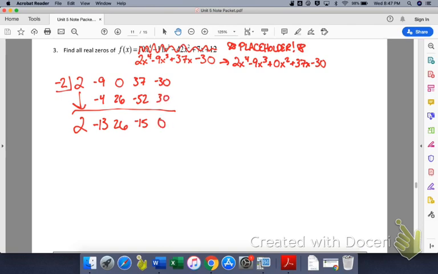We have ourselves a remainder of 0, which means we are in really good shape for the math we've done so far. So, once I've done that, I'm going to take the results that are there and write an expression based off of that. Once again, last term's the remainder, second to last is our constant, x squared, x cubed. So that means we have 2x cubed minus 13x squared plus 26x minus 15.